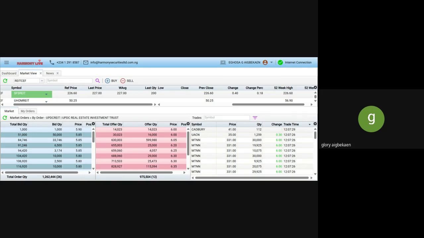Especially when there are surprises in the market beyond the expectation of the investing public, then you see that after release of results, the price will still be surging higher. But there are some cases where the market is expecting a negative result, and to everybody's surprise, the result is fantastic.